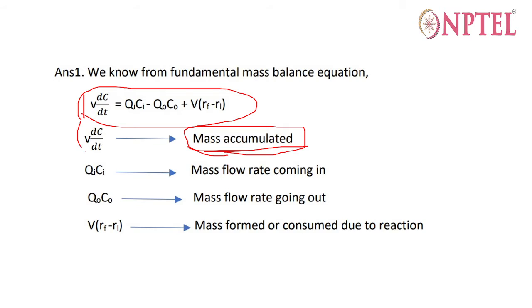So you can see that V multiplied by dC/dt will be the mass accumulated with respect to time, and then this is the inflow rate Qi and Ci. So this is the concentration and this is the flow rate.